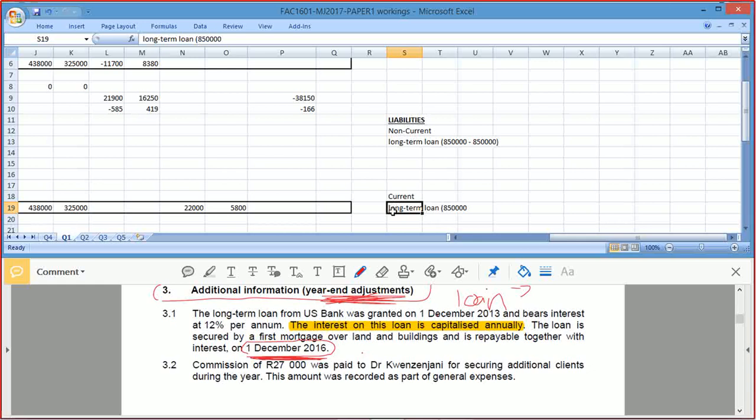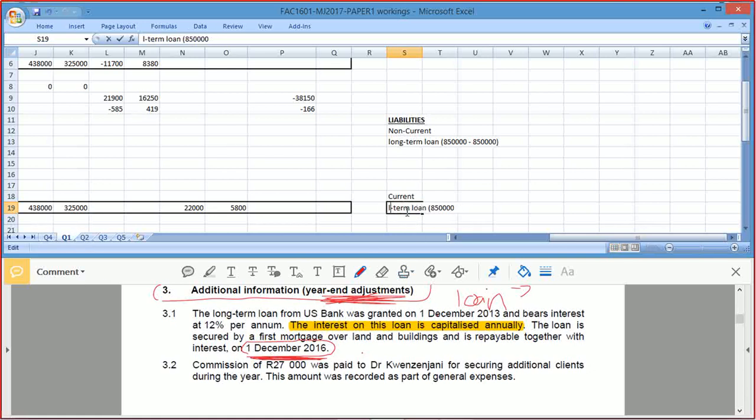No, I would still call it long-term loan because it was long-term. It's just being classified as short-term purely because the date has finally arrived to make payments. Okay, that's what confused me. It's just disclosure. Right, so you can't change the words long-term loan to short-term loan, because it is short-term now only because it's paid on 1st December 2016.